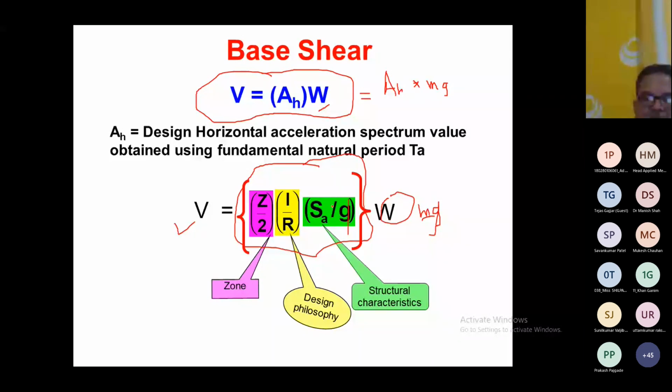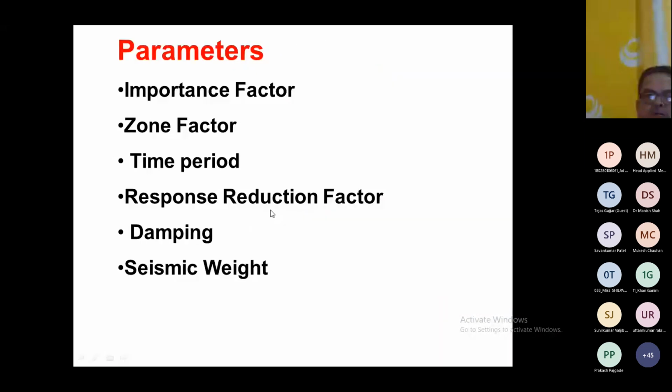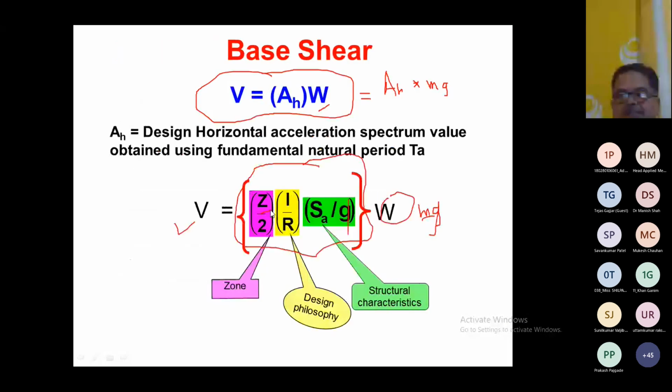The Z depends on what? The Z is a zone factor, right? In the last lecture I told you that India is divided into 4 seismic zones: zone 2, 3, 4, and 5. Earlier there were 5 zones in the 1984 IS code, and these 5 zones are reduced to 4 zones. So zones 1 and 2 were merged in 2002.